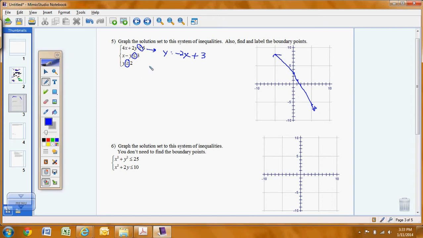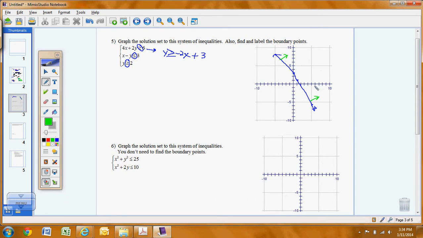I'm not going to finish this entire problem off, but where do I shade? And I should have kept this inequality with it. So if I went through and got y alone, it's really y is greater than or equal to negative 2x plus 3. Anytime it's a line being greater than, it has to be above that line. So everything above that line right now is everything up here. So if I were to shade, I would start shading everything on the top side of this line.